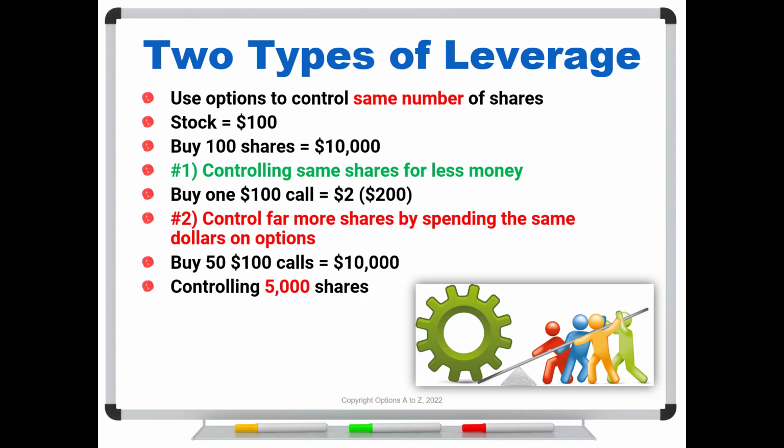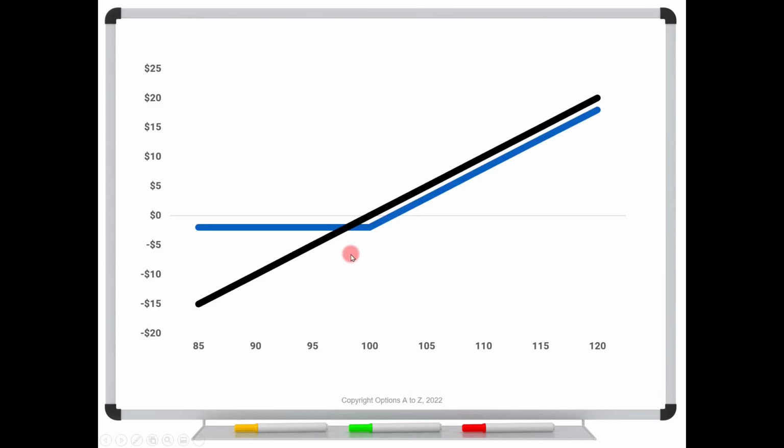And so to see why, let's go take a look at it graphically. In black, we have our risk graph for 100 shares of stock at 100. And in blue, we have our $100 call. There's our bend right at the 100 strike, purchased for $2. So that's where this blue line flattens out, because that is ultimately the worst that could happen, is that this just goes flat, you're out your $2. So notice that for $200, you are controlling $10,000 worth of stock.